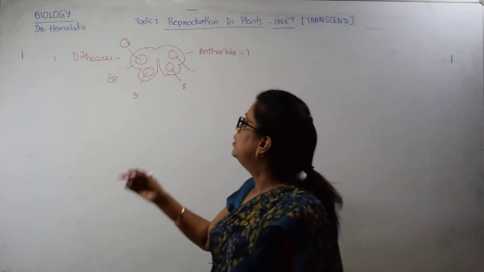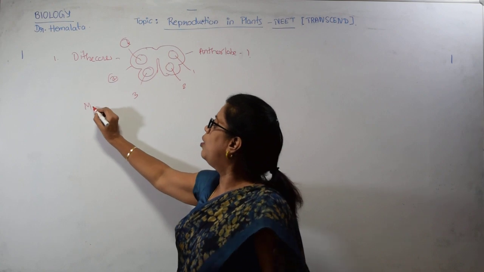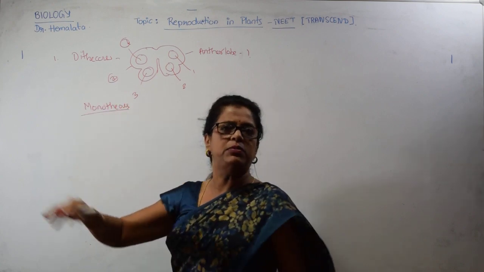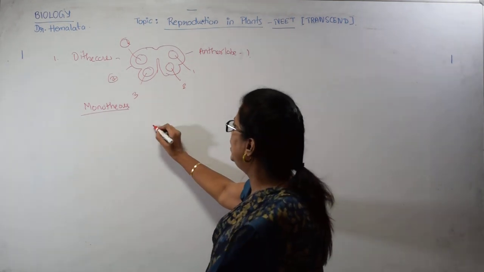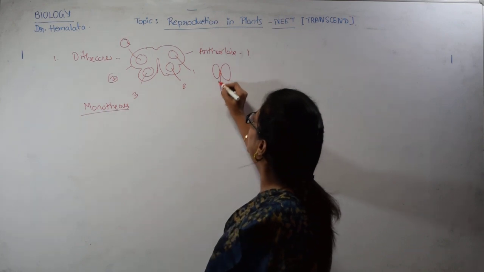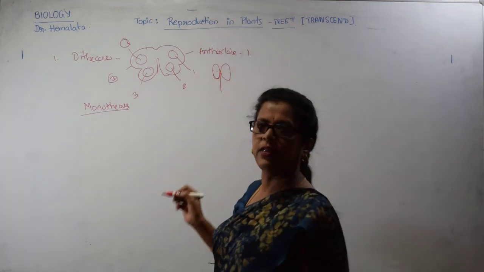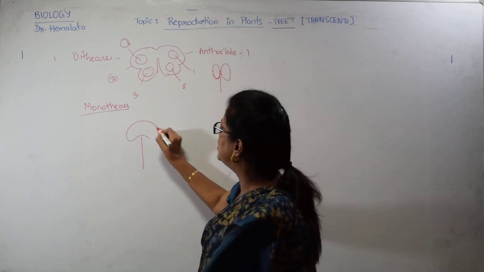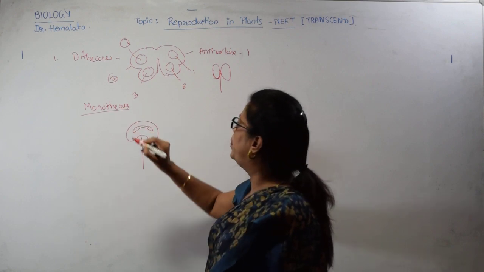Connected to this, if you take a monothecous anther, let me explain it. This dithecous anther looks like this, with the first anther lobe here and the second anther lobe here. But in a monothecous anther, there will be a single anther lobe like this, and it will have the opening like this.